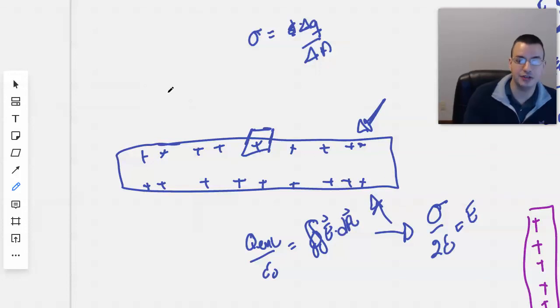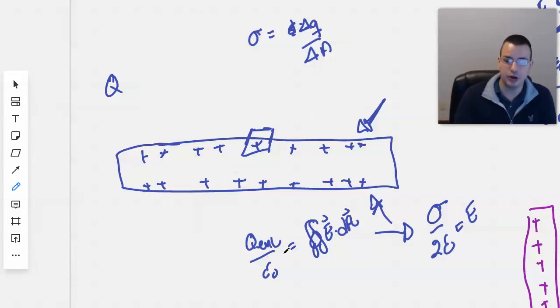If you're given a total amount of Q on the plane, then Q enclosed, sigma over 2 epsilon naught equals the electric field. But if they say the surface charge density of this infinite plane is sigma, then what you're dealing with is not one plane, but two planes.